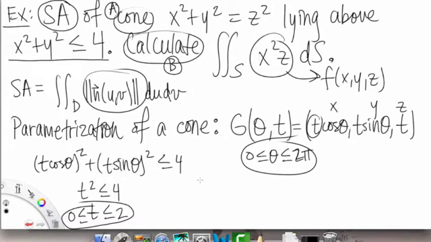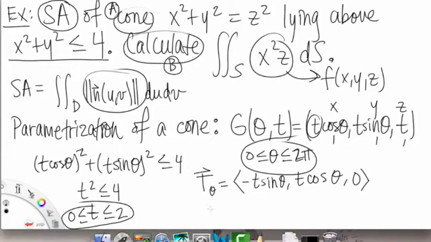Now we have to find the tangent vectors. I'll start with the tangent vector with respect to theta, which is just the partial derivatives of each component with respect to theta. The first is negative t sine theta, the second is positive t cosine theta, and the last is just 0.